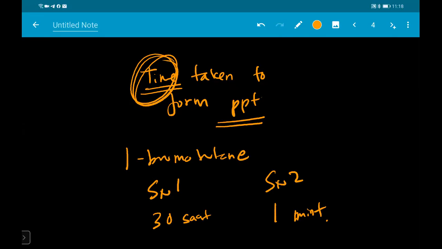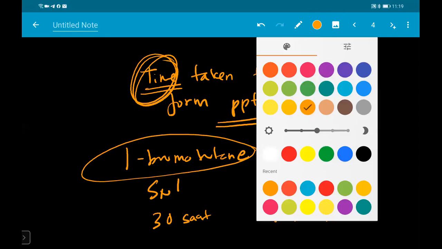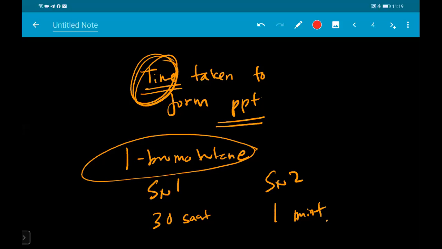Okay, can anyone tell me dia prefer SN1 ke SN2 kalau 1-bromobutane? SN1. Kenapa dia prefer SN1? Sebab lagi cepat. Time taken dia lagi cepat. Lagi laju. Okay, thank you. Pasal dia lagi laju. That will be it.